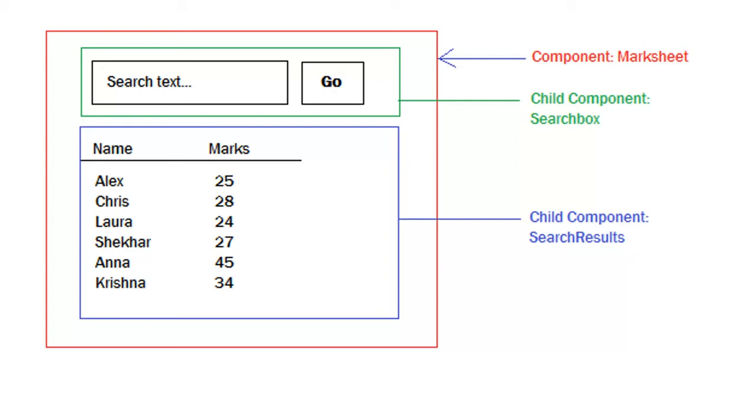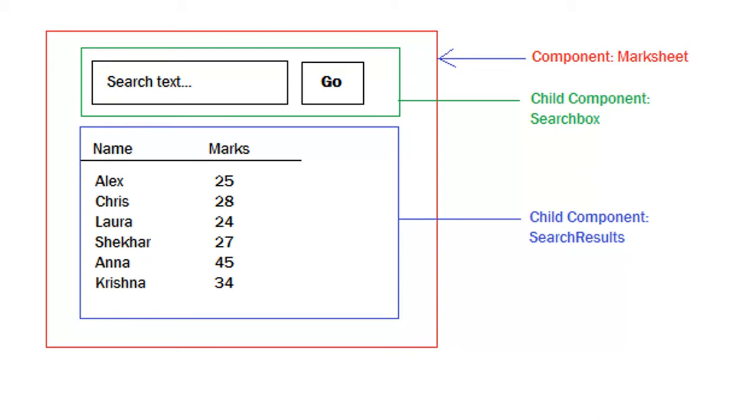As you see on my screen, we have one page, suppose, of a website. The whole page is represented by one component, which is marked with the red color, whose name is marksheet.